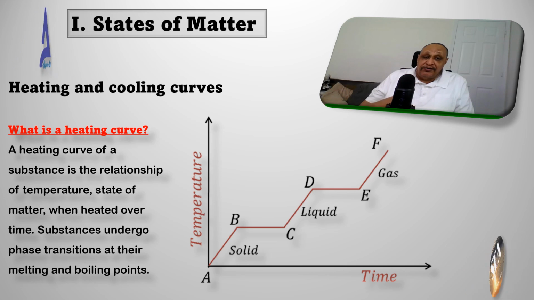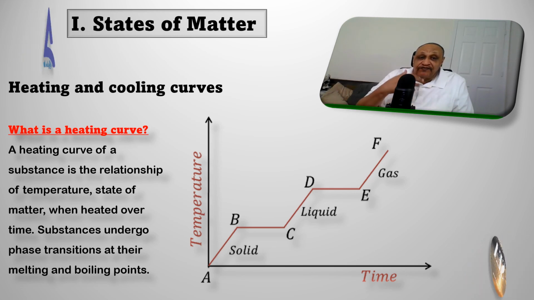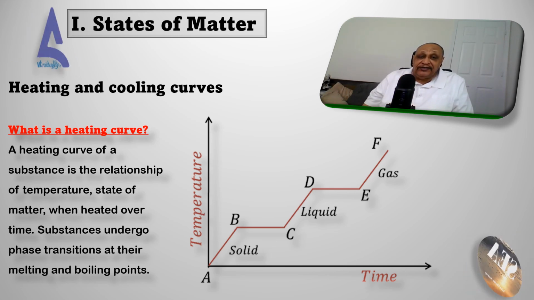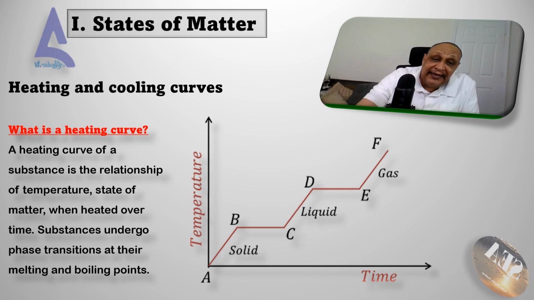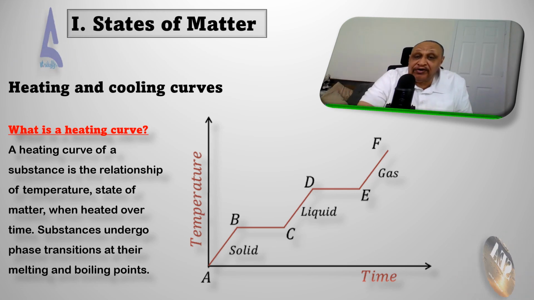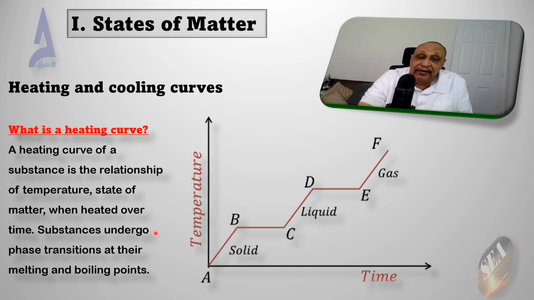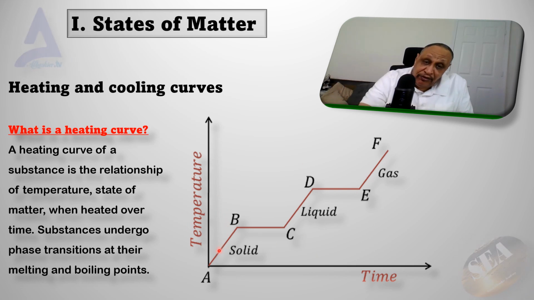Substances undergo phase transition at their melting and boiling points. So this is important, and this is how it looks. In just a couple of seconds, we are going to explain what all these are.